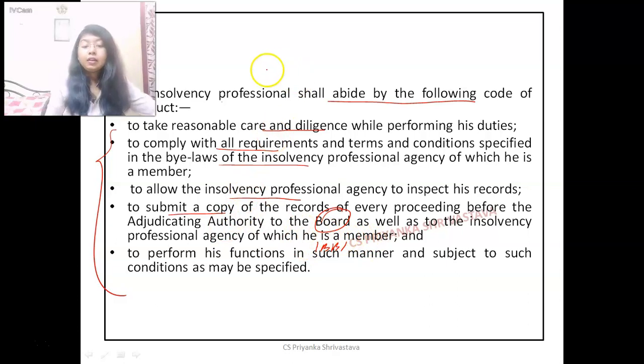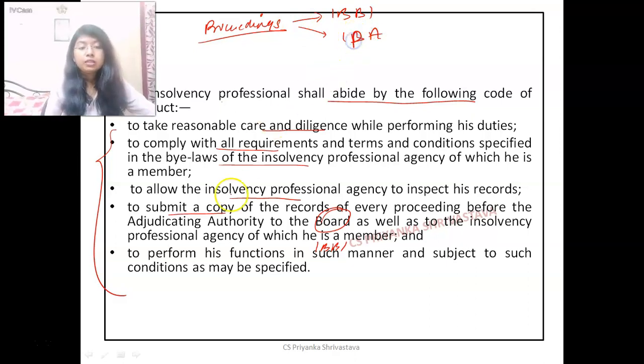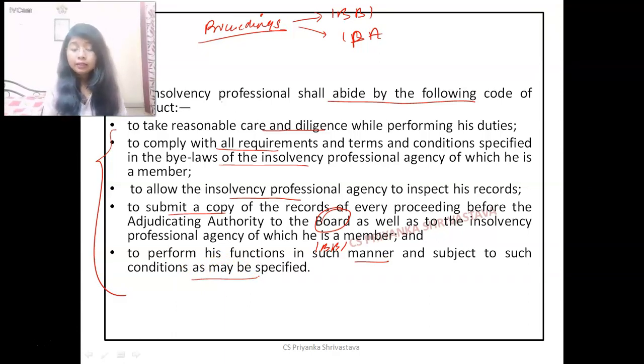So whenever a proceeding has been handled by that insolvency professional in a company, the records of that particular proceeding, which is done before NCLT, need to be given to IBBI and the Insolvency Professional Agency in which he is a member. And he needs to perform his functions in such a manner and subject to such conditions as may be specified in the rules or in the bylaws of the company or in any other manner.